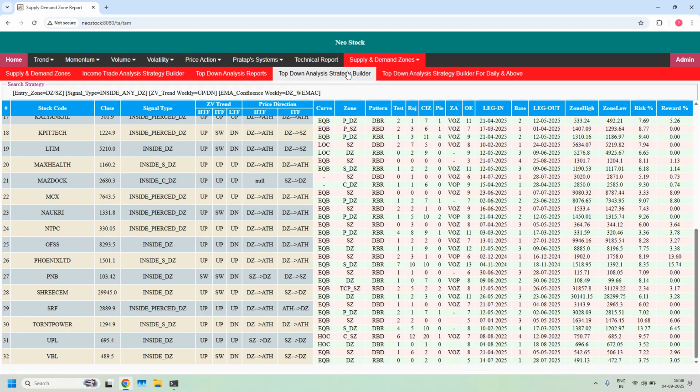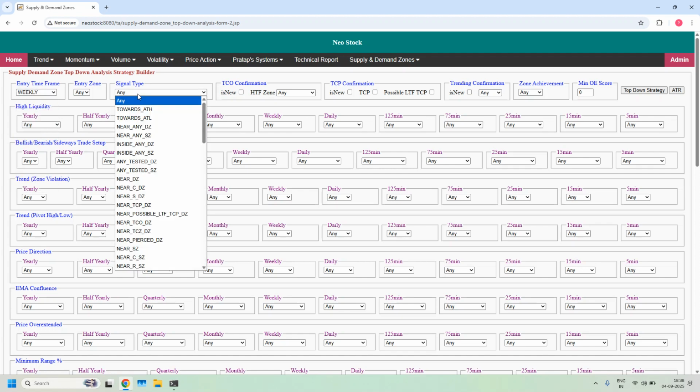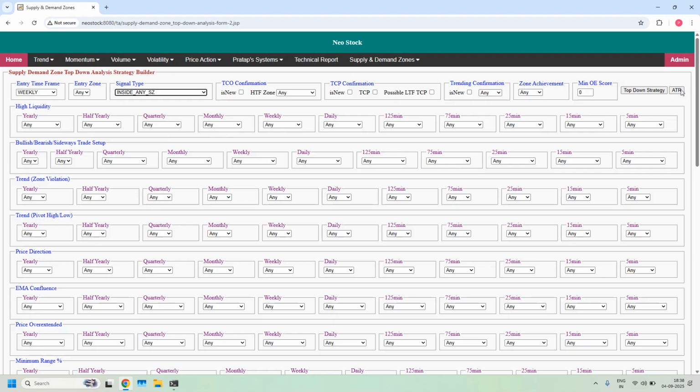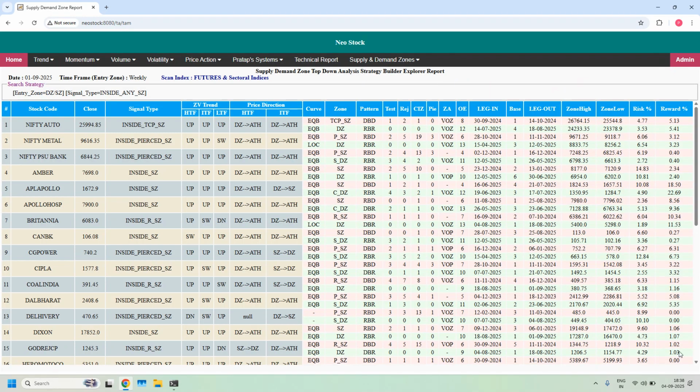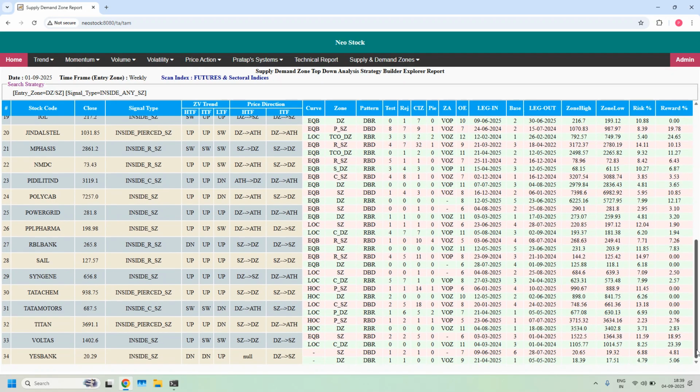Okay, next, price closed inside the weekly supply zone. First 15 stocks in the list. Scrolling the list down. 34 stocks are filtered.